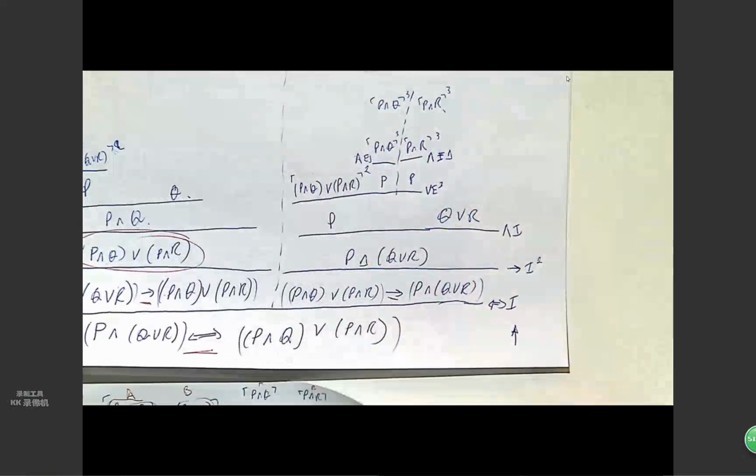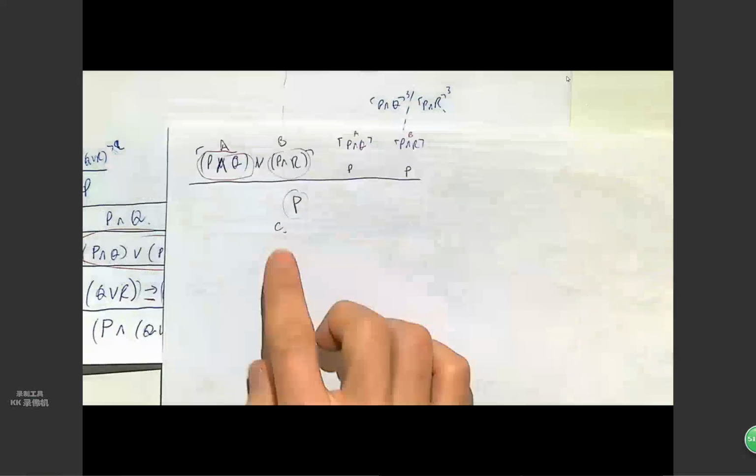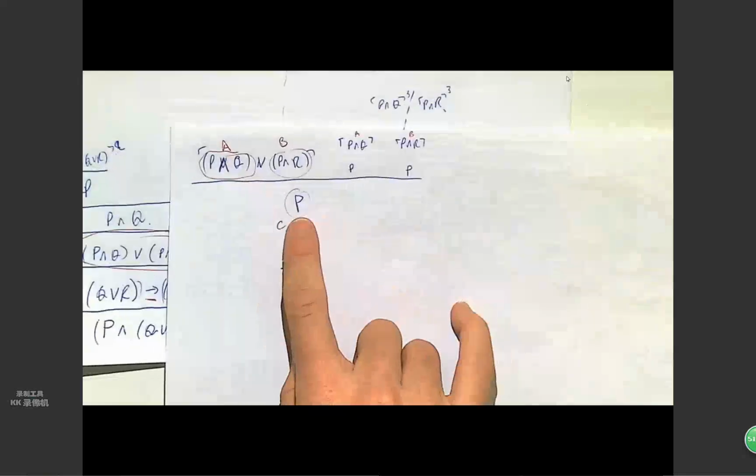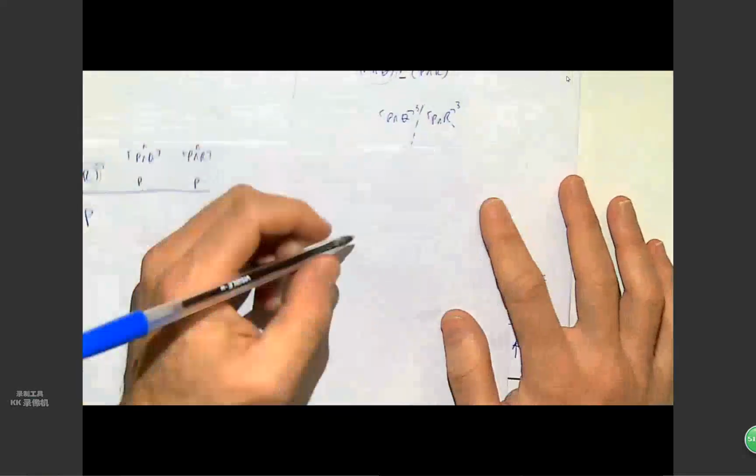If you take Q or R for your C, I'll do it here for the sake of space. So if you take Q or R for your C, you end up having this.